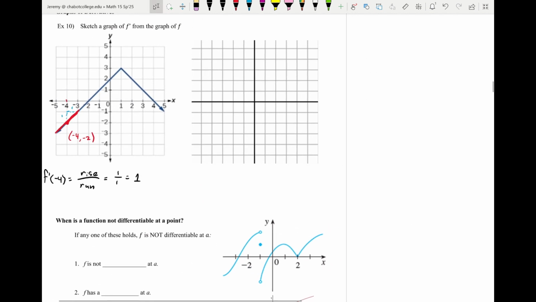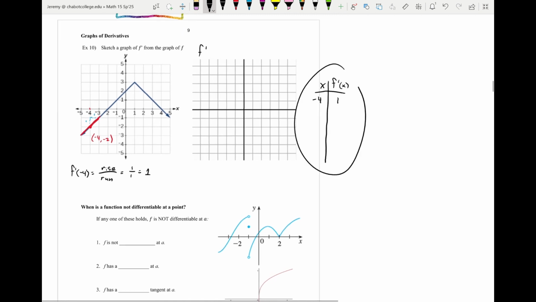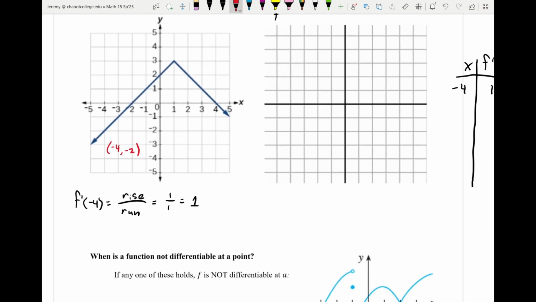All right, so if we were trying to generate the graph of f prime, like we are over here, you could even do a t-table, right? The input values and the output values. If we put in -4 into this derivative function, it looks like we're getting out 1. Okay, so I'm just going to build this up using a t-table. Let's plug in another value, like let's say x equals -2 this time.